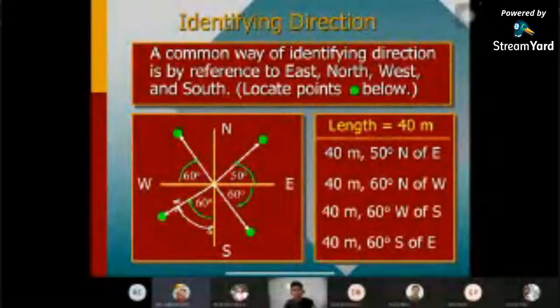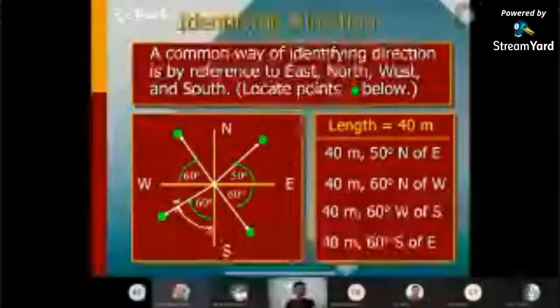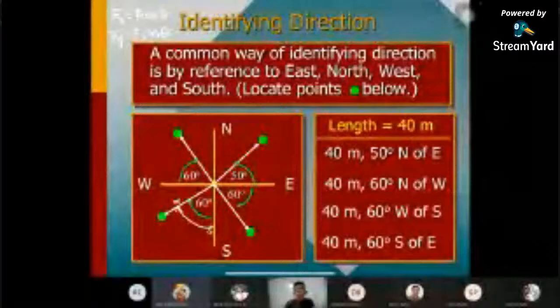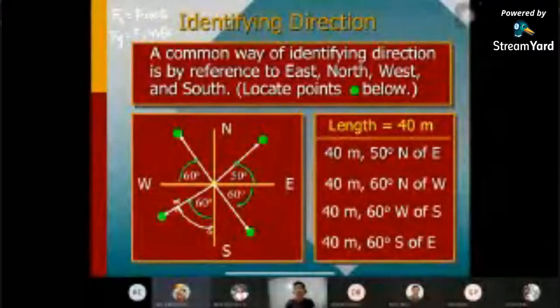But you know already that when it comes to components, we define the F of x as the magnitude of the resultant vector times the cosine of theta, or the angle of the resultant vector. And the y component will be F sine of theta.